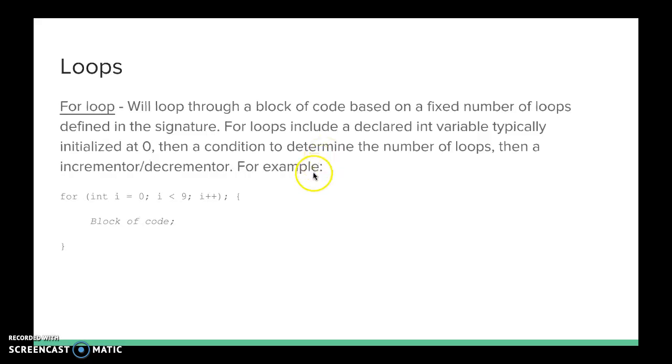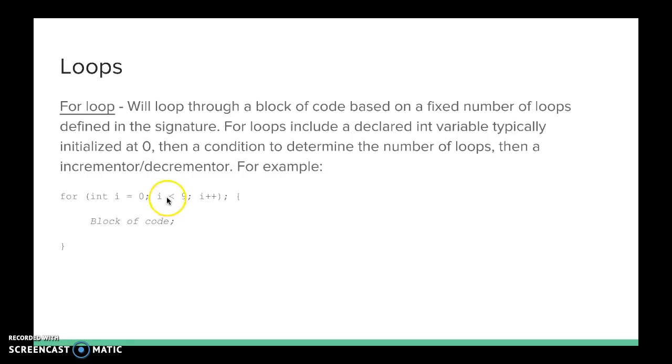To explain, in my example here, I have a for loop, and within that signature, I've initialized an integer value of 0. This is going to be my counter, and the reason we start at 0 is because arrays start at 0, so we always want to start with that first item. Next is the condition in which the loop can continue.